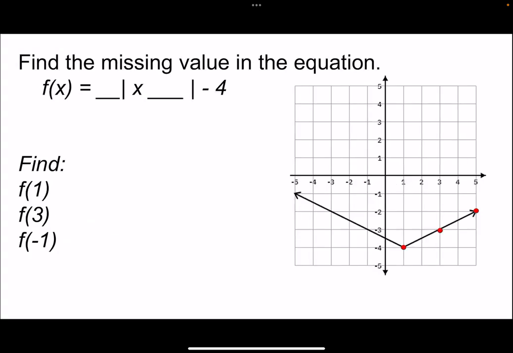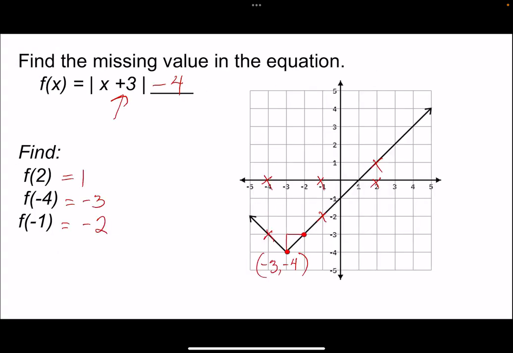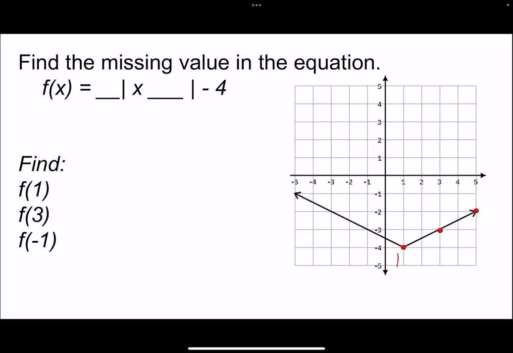So let's look at this one. Vertex is at 1, -4. Slope, up 1 over 2. So that means our slope is 1/2. So 1/2, slope goes in front. X minus 1, x goes the opposite way, minus 4.